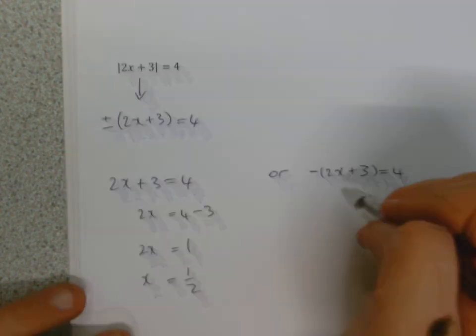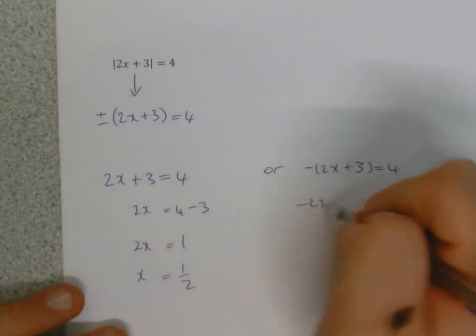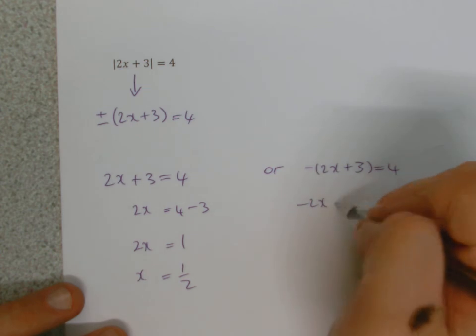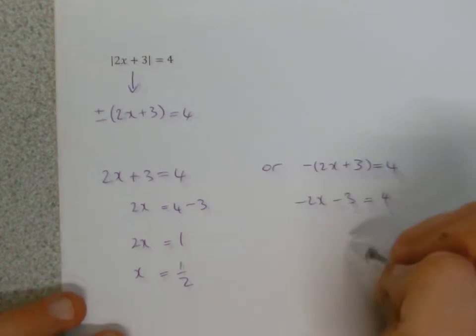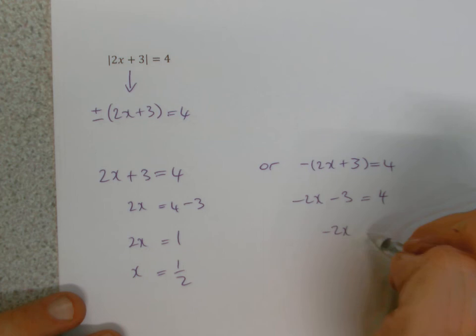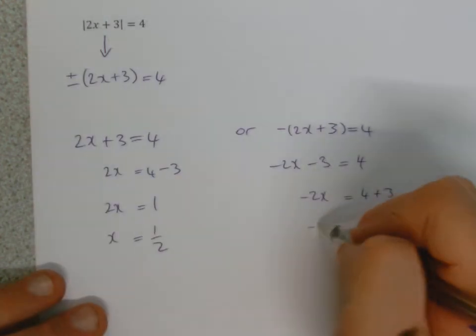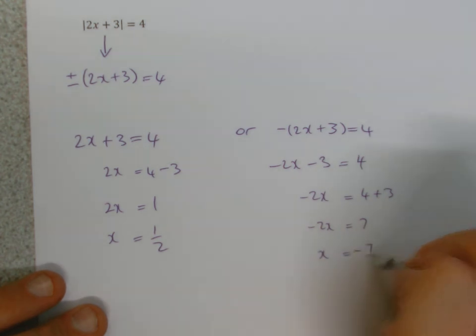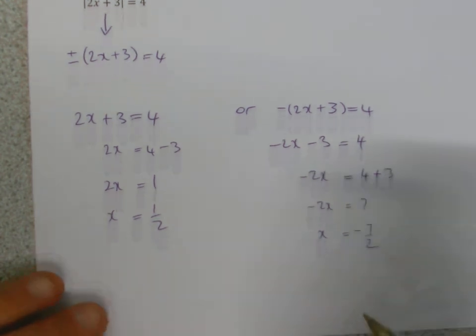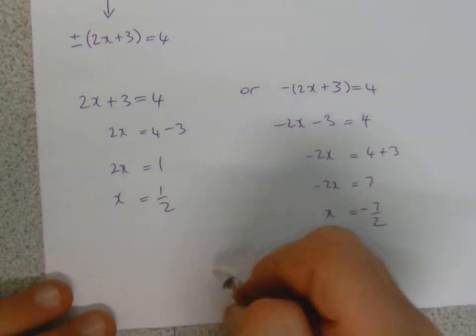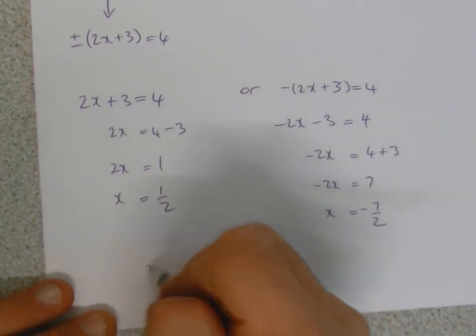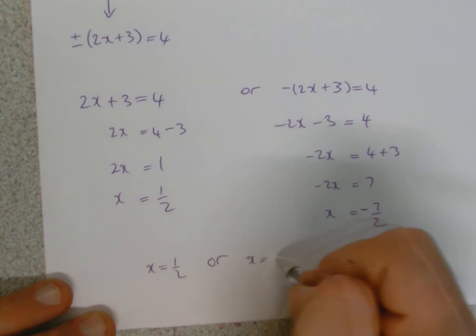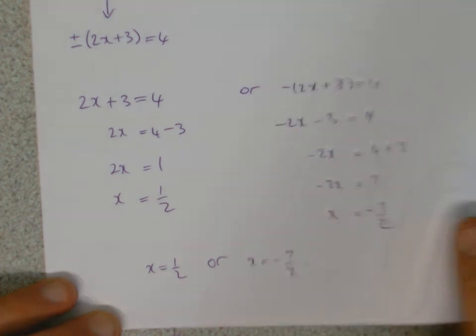So you take the negative through that bracket, you have negative 2x, negative times 3 is negative 3, equals 4. So minus 2x then equals 4 plus 3. So negative 2x equals 7. So x will equal, divide by that minus 2, so minus 7 over 2. So you've got two answers: x is equal to a half, or x is equal to minus 7 over 2.